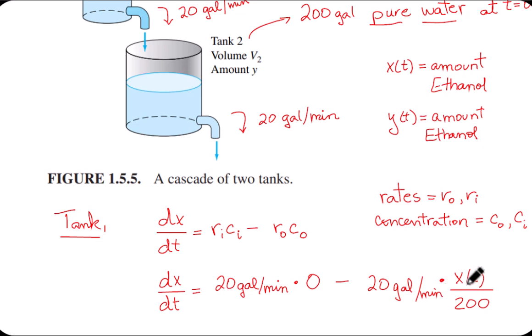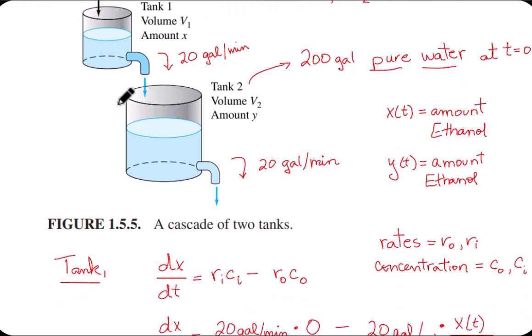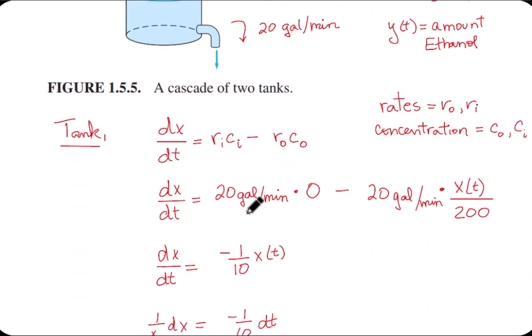The concentration is whatever's in there divided by the initial amount of 200. That 200 is staying stable. It's not changing because we've got 20 gallons in, 20 gallons out. So we're not leaking, we're not adding, we are maintaining the original 200 gallons.